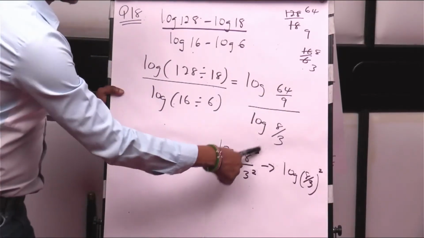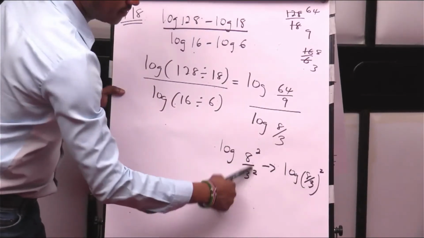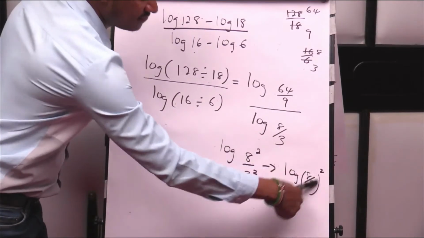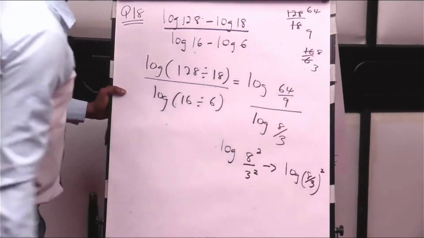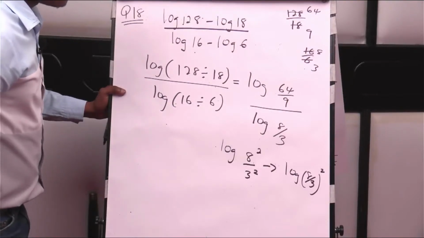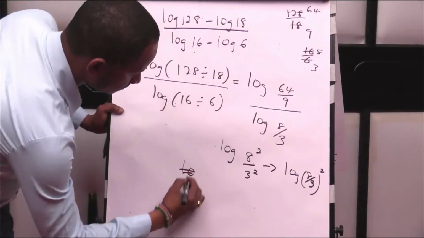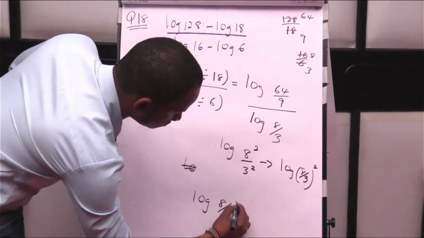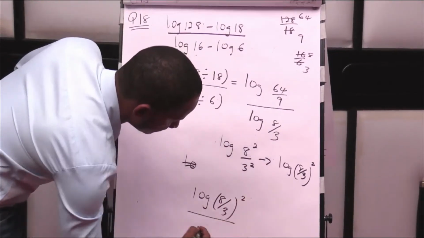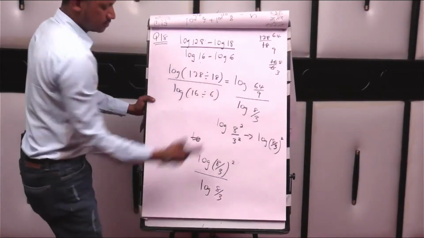When you combine them, it is just 8 over 3, everything squared. I've just simplified this further. So you say log of this numerator, 8 over 3 squared, divided by log of 8 over 3.